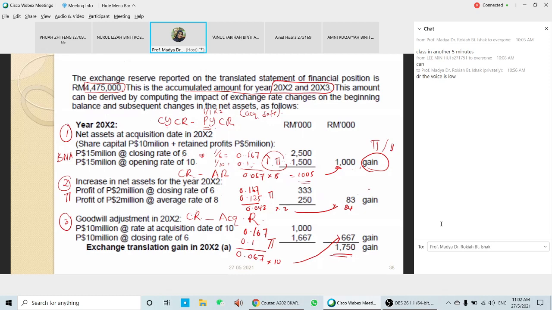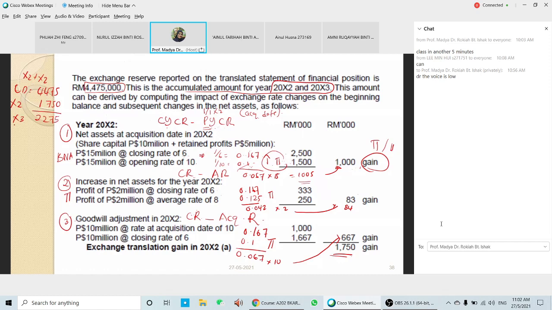Since this is only 2 years, you know that the amount of the X2 and X3 exchange difference here is equal to 4475. Exchange difference for X2 here is 175. So the difference here is 2275, which is the exchange difference for X3.